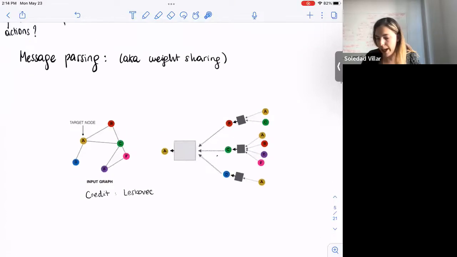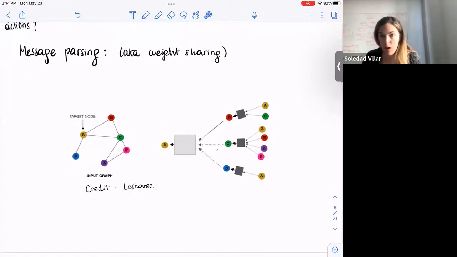The classical way people do it in the context of graph neural networks is via message passing. Basically, this message passing refers to a message function that each node sends to their neighbors. And there's also an aggregating function, where when you receive messages, you aggregate them with this aggregating function. The message function is the same for everyone.